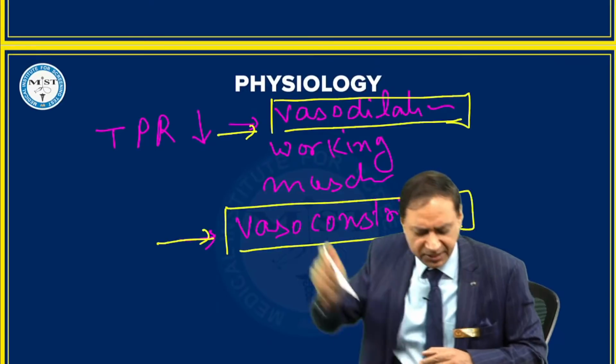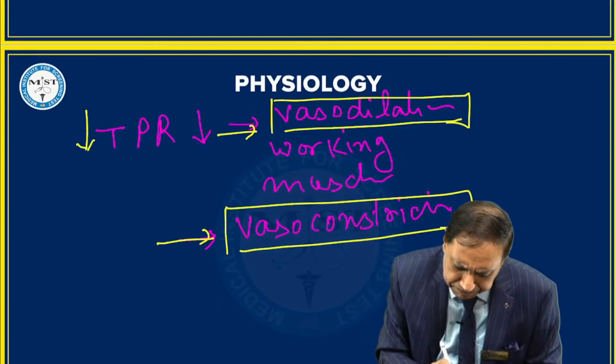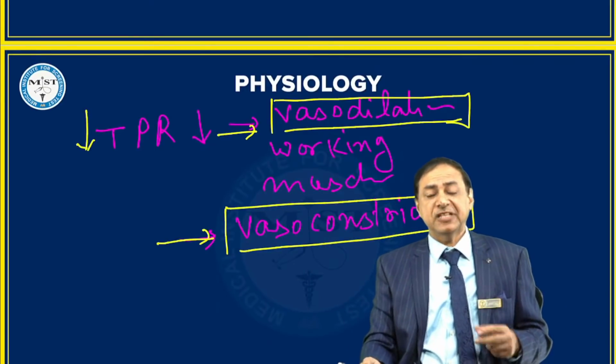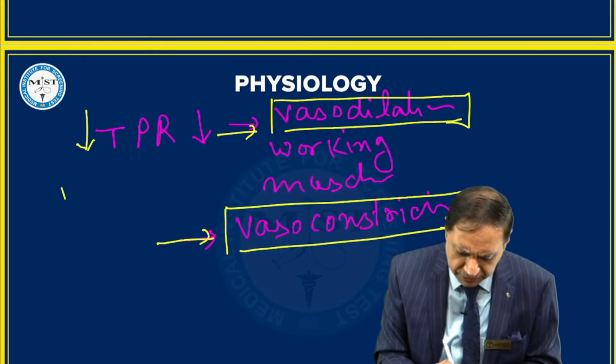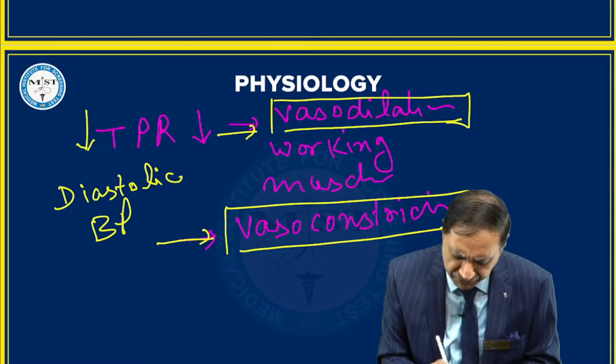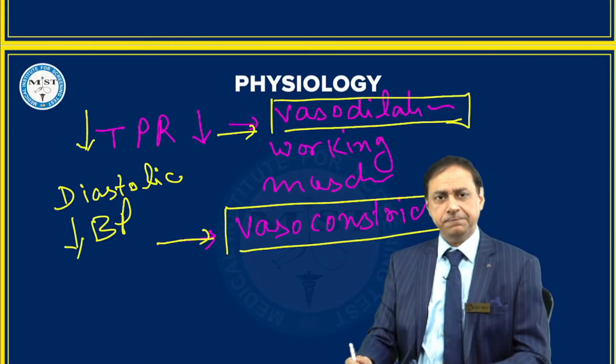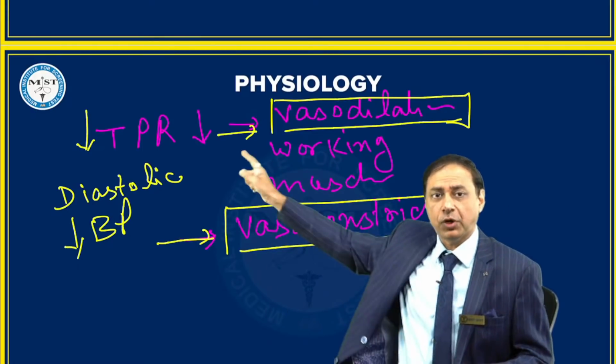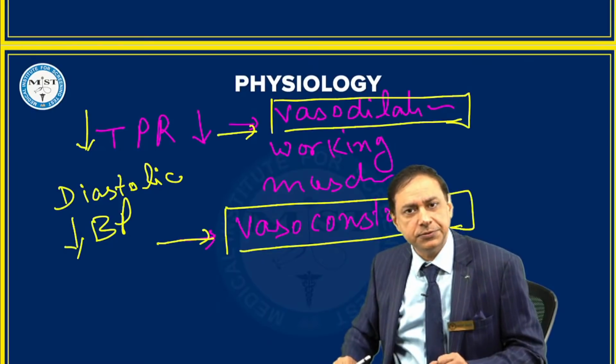So ultimately TPR falls. And because TPR falls, diastolic BP will also fall.